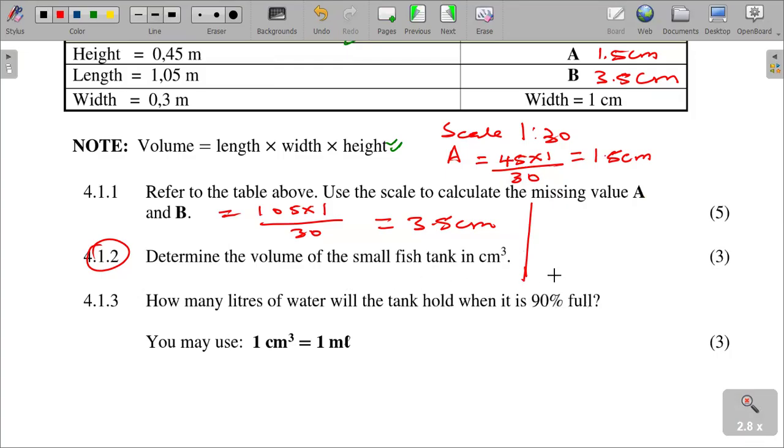For 4.1.2, the volume is equal to length times breadth times height, which is 105 centimeters times 45 centimeters times 30 centimeters, and then we get 141,750 cubic centimeters.